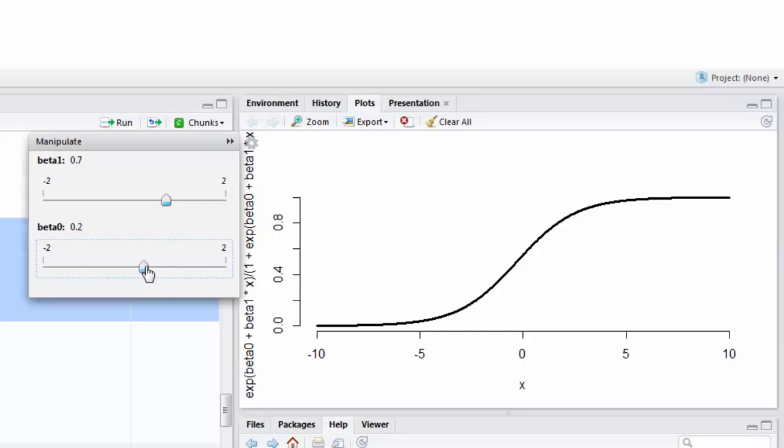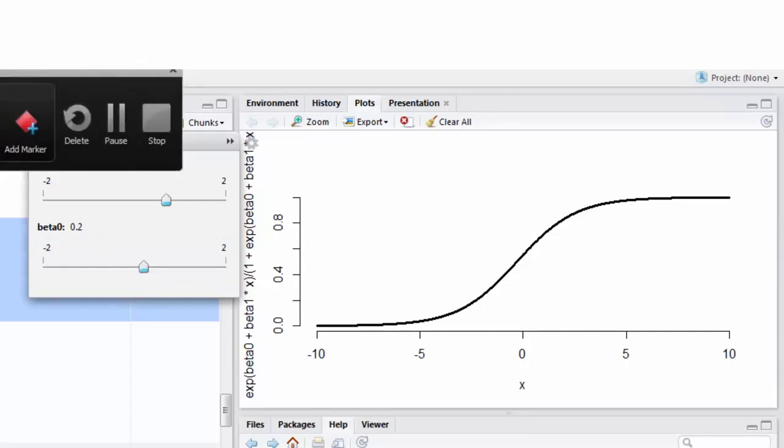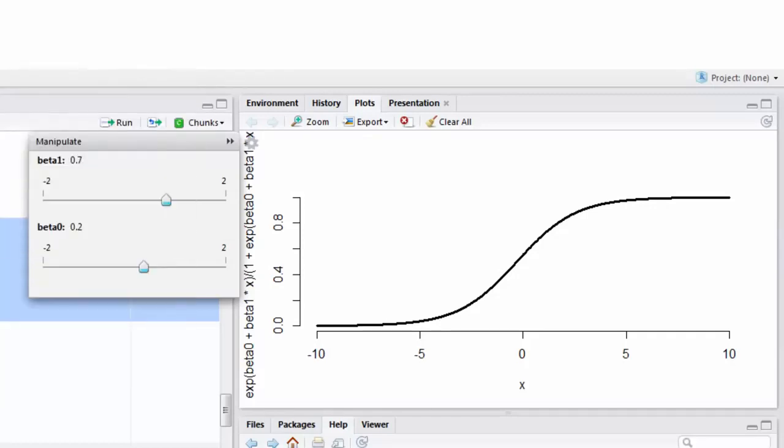Okay, so let's think about what R is doing when it's trying to fit logistic regression curves. So imagine I have a bunch of zeros and ones. So on my y-axis, 1 is up here and 0 is down there.